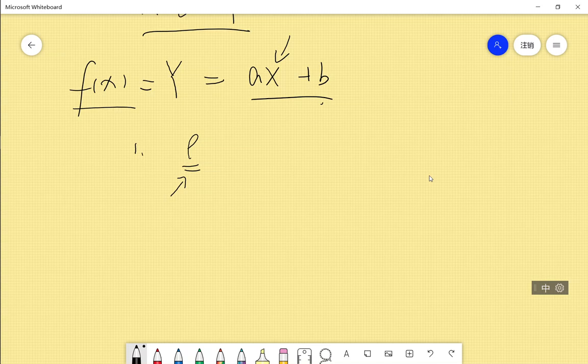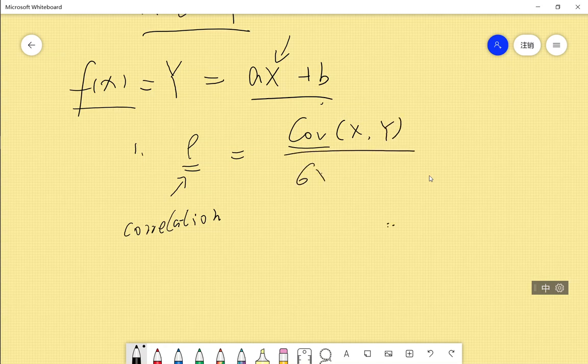So if you see words like correlation, you immediately know that you are calculating the correlation like this. You use the covariance of x and y, right? And you divide that by the standard deviations of x and y, multiplied together. So that's how you calculate the correlation.